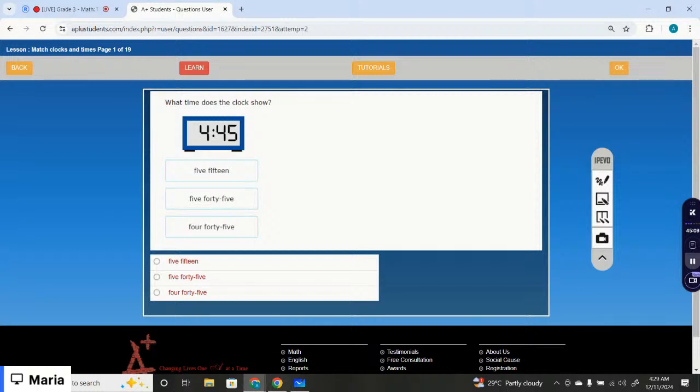What time does the clock show? Which is the correct option? Four 45, right?